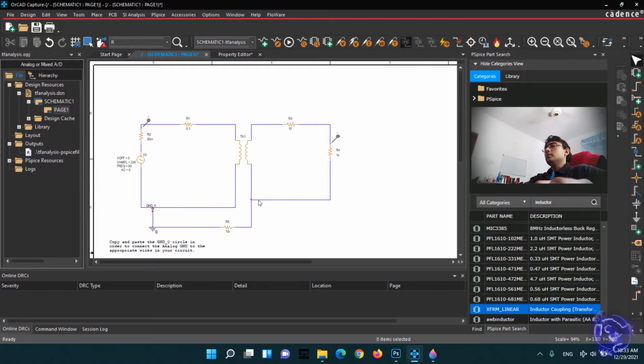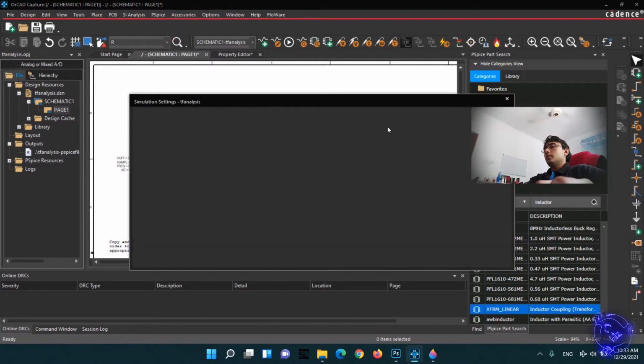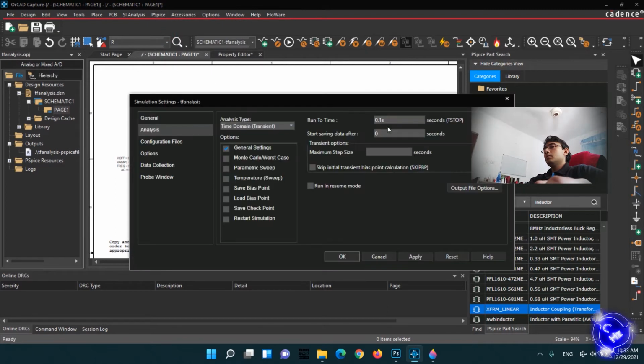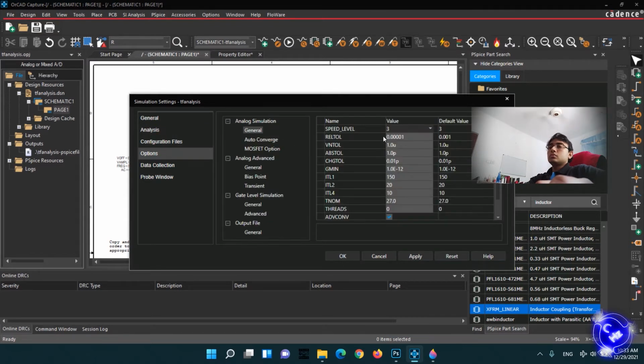Now I can simulate this profile. I set the simulation time to 0.1 seconds, and here in the options I set this to 10 to the power minus 5.